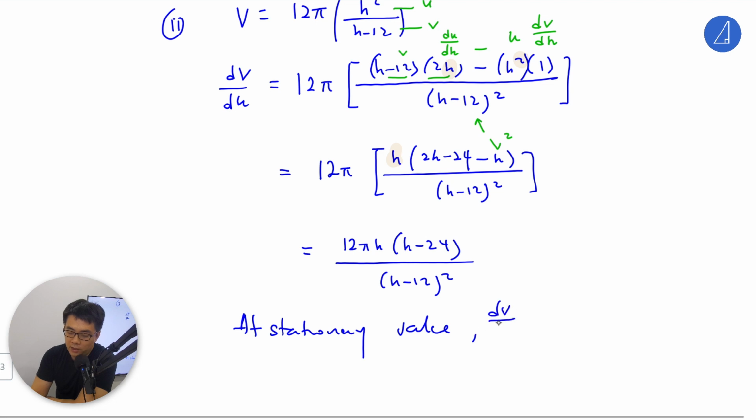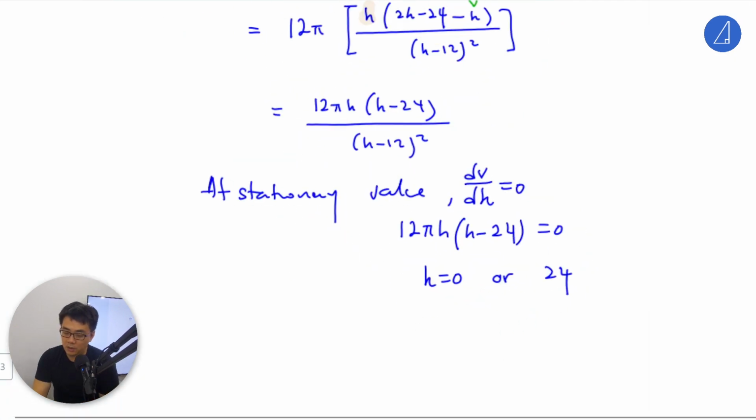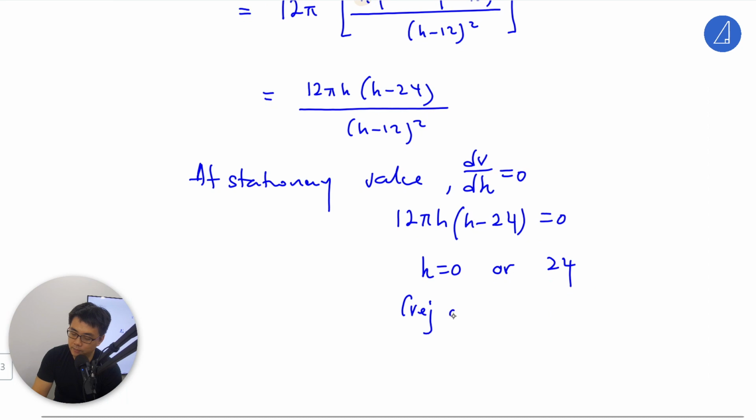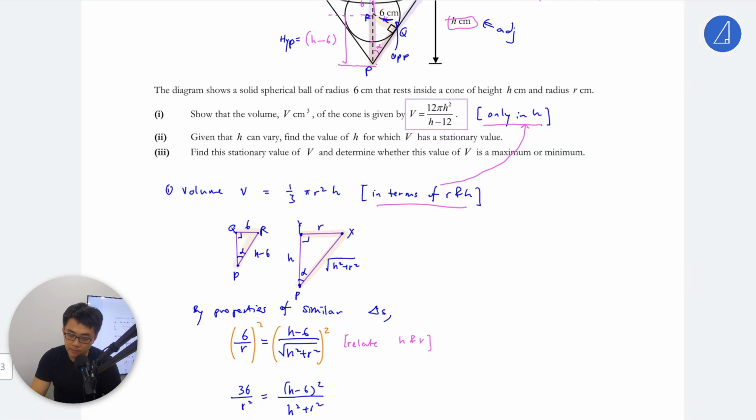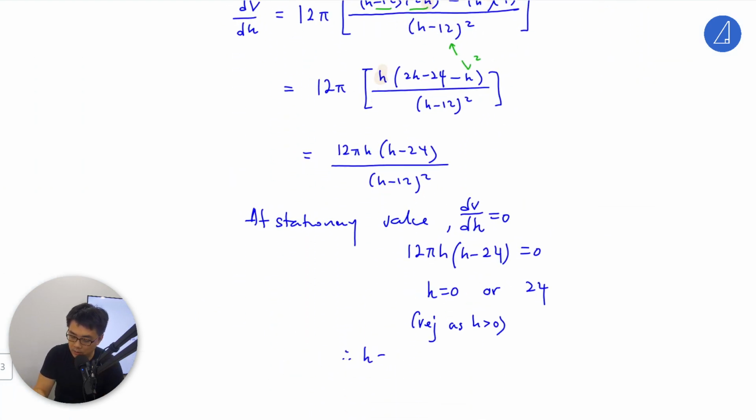I know dV/dH is just equal to 0. Okay, reject. Hence H equals 24 cm.